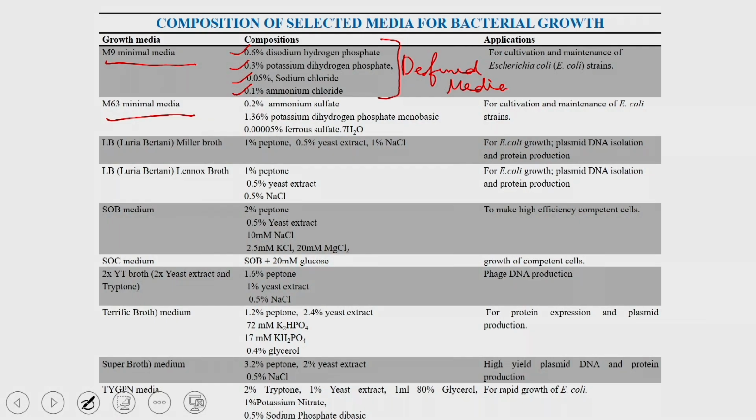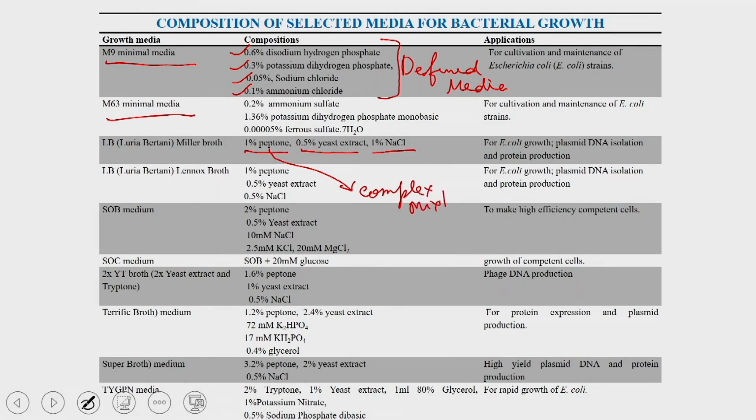For example, if you compare the M9 media to LB media, you will see LB contains 1% peptone, 0.5% yeast extract, and 1% NaCl. But the peptone is a very complex mixture.